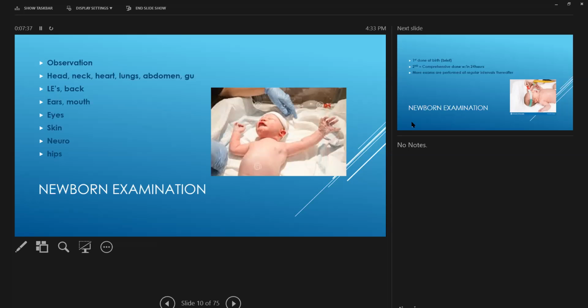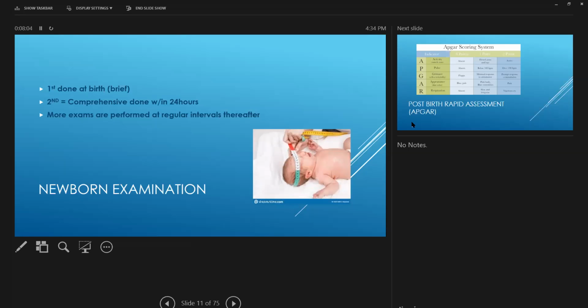The newborn exam is really just like a full physical exam for anybody else. In particular, we want to check out the head and neck, heart and lungs, abdomen, and gynecologic parts, as well as the lower extremities, back, ears, mouth, eyes, skin, neurologic assessment, and the hips.